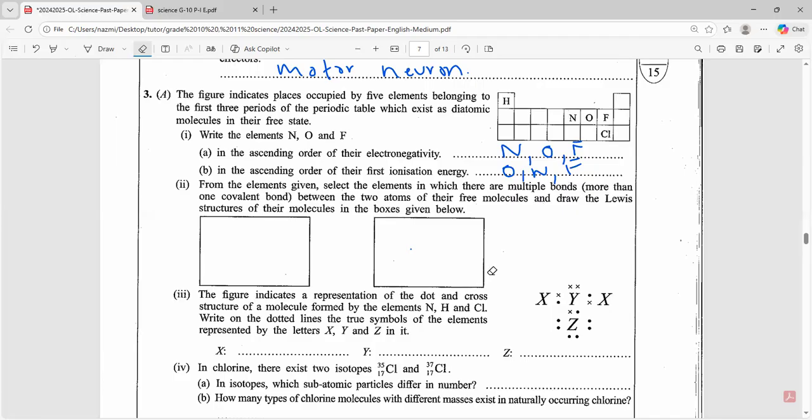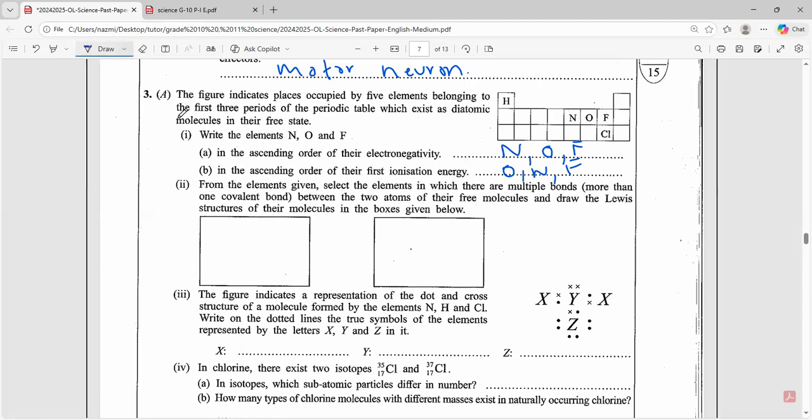You can draw N2, okay, because N2 has 3 bonds. Nitrogen, nitrogen, it has 3 bonds and each nitrogen will have 1 lone pair. You can also draw O2, okay. Double bond between oxygens and each oxygen has 2 lone pairs.